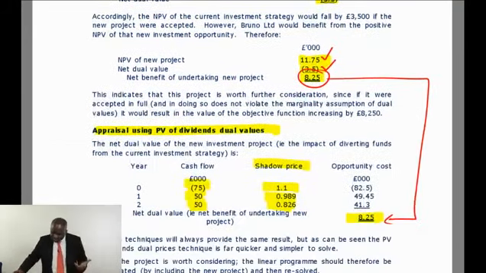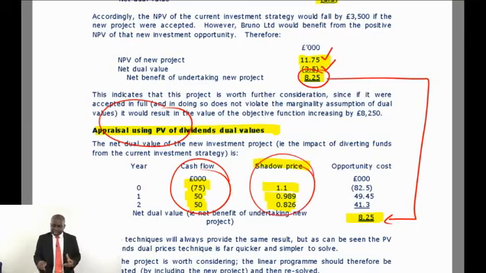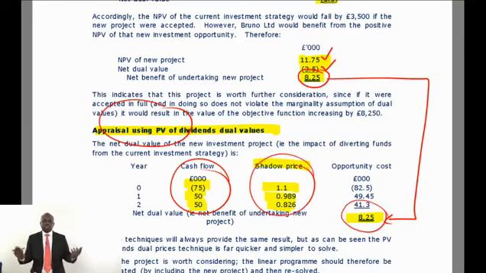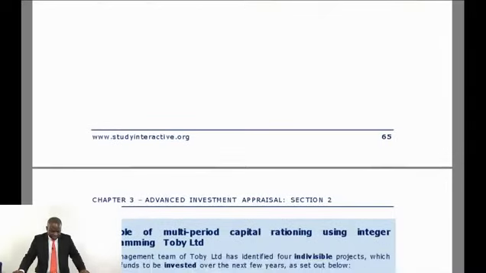So what the note is telling you is that the moment they give you the shadow prices for the PV of dividend approach, and you multiply them by the cash flows of the new project, you are not going to deduct anything from it. It is already included in the calculation of the shadow price. So the answer that you get should be the net effect. That is basically the case for the shadow price.